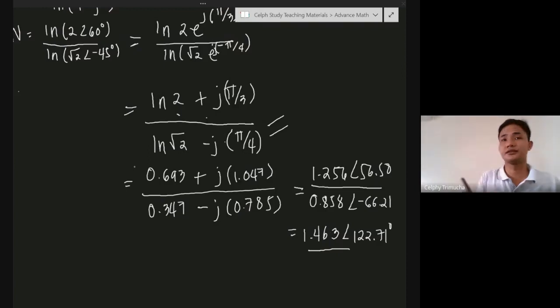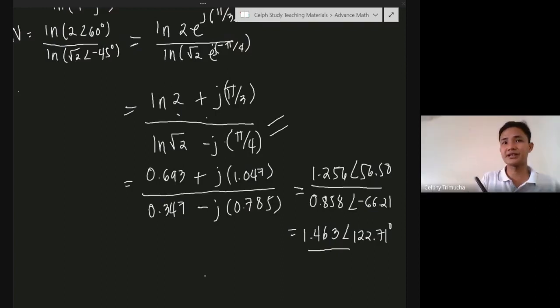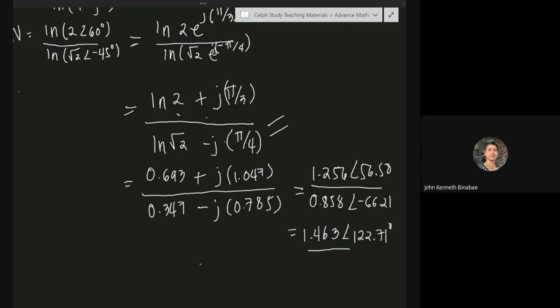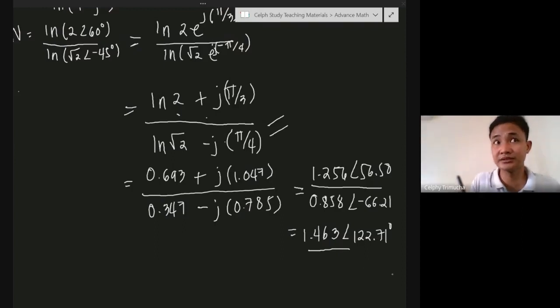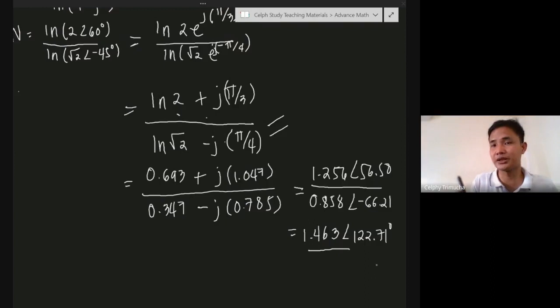Oh, sir. Pila yung answer? Negative dapat ang answer. Direct lang na equal, sir. Ah, direct lang na equal, magwa na siya dayon.